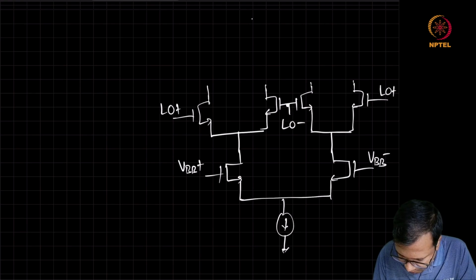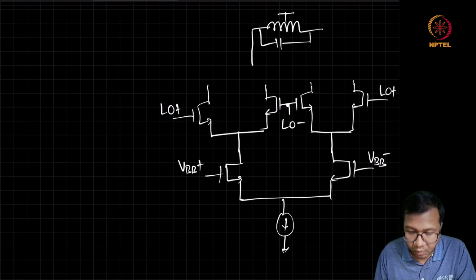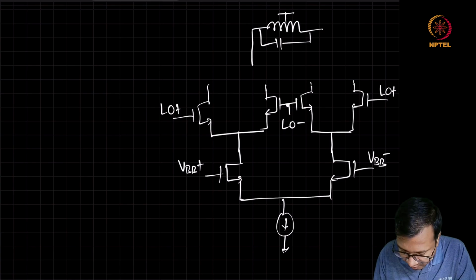And the output we could generate by using a tuned load, and this tuned load will convert this current into voltage.